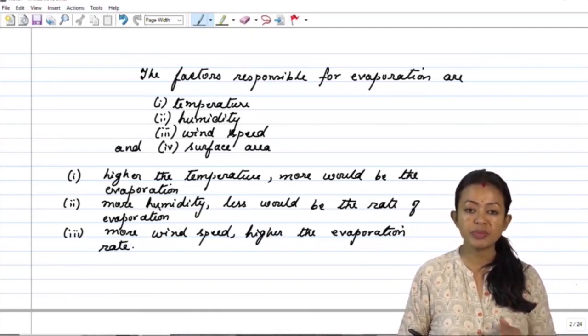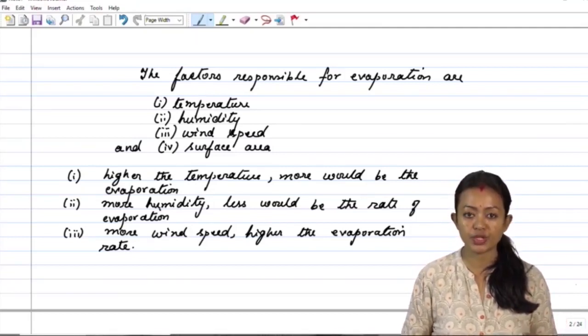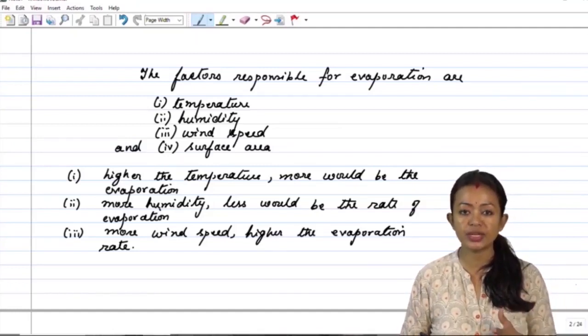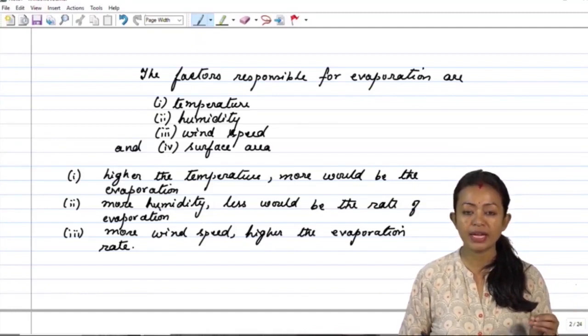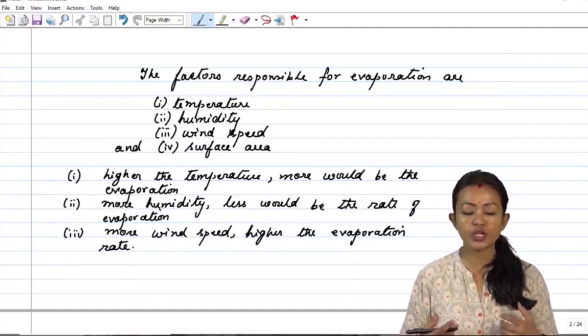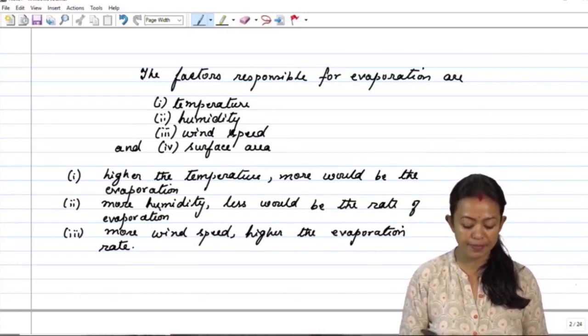The reason is wind speed means that the particles of the water molecules which are present on the surface of any place, when the wind is blowing at a very fast rate, what does it do? It induces some energy into the water particles and thereby helps it to get converted from the liquid state into the vapor state. So higher the wind speed, it is going to give more energy. It will enforce the water molecules to get converted from the liquid state into the vapor state, and thus we see that the rate of evaporation increases.